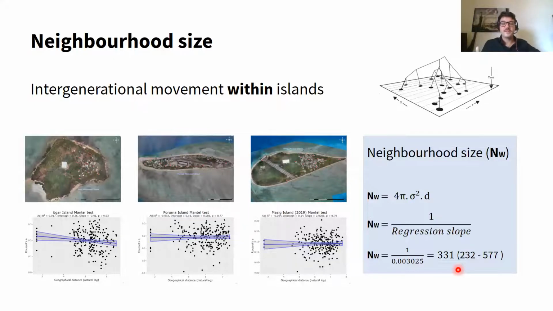The idea is basically your neighborhood will be how far do you move and how many individuals are around as a density. So if you're moving a really big distance and it's really dense inhabitation, then your neighborhood size will be very big. But if you don't move very far and or you're very sparsely distributed, then you'll have a smaller neighborhood size.